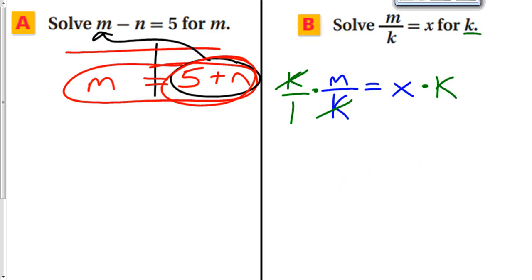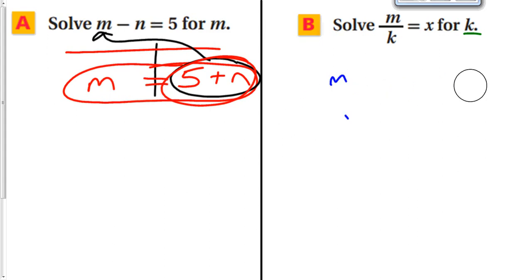All right, what else could we do? There is another option for this one. Actually, more than just one option, but I'll show you one that many of you might prefer. If you put x over 1, you can solve for k like this. You can do your cross products. Remember, cross products should be equal to each other.